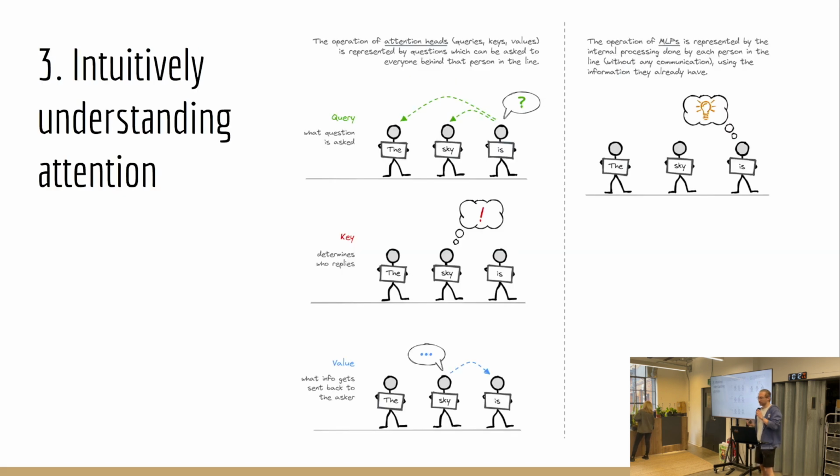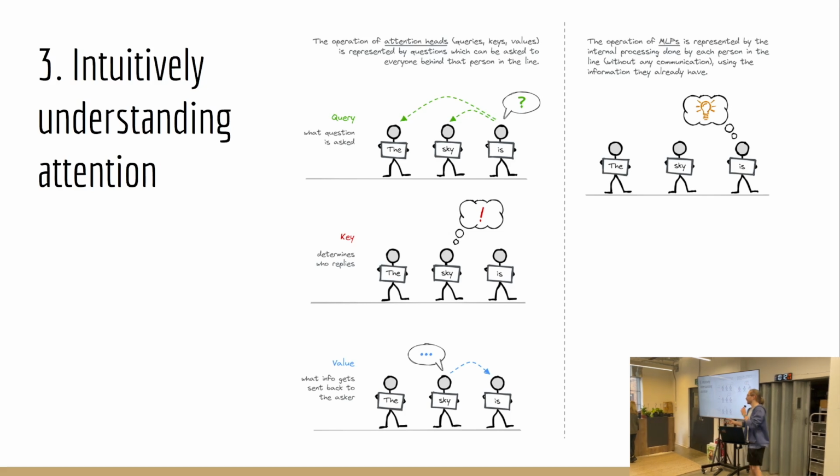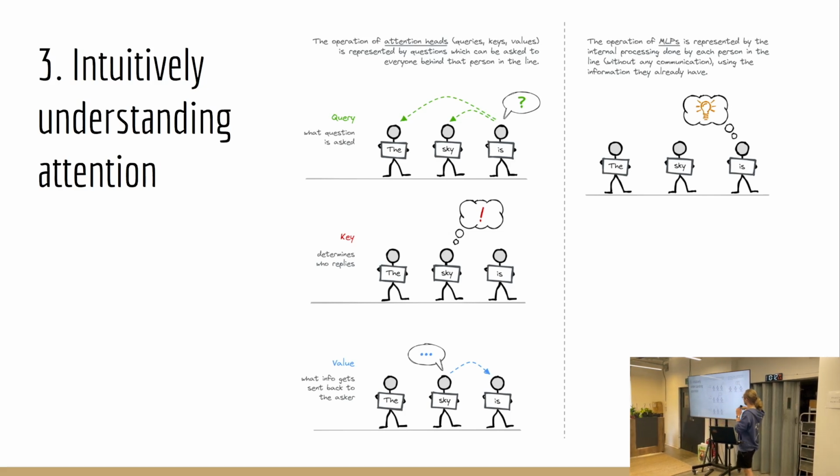Revisiting this analogy from yesterday that we're going to look at again to explain the behavior behind skip trigrams and induction heads. Recall that for every token, when you run through the attention module, the query is essentially each token wanting to ask a question of another token.